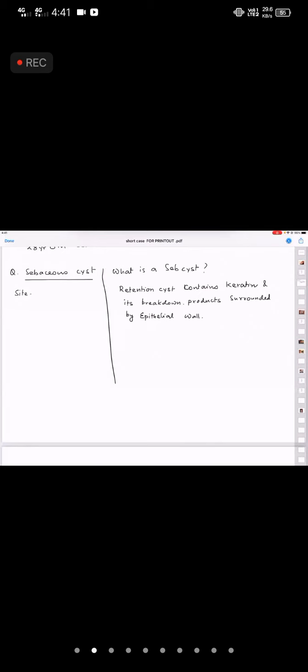Now come to the question, why is it a sebaceous cyst? Site: any hairy part of the body, for example scalp, face, chest, scrotum. It is a cutaneous swelling.